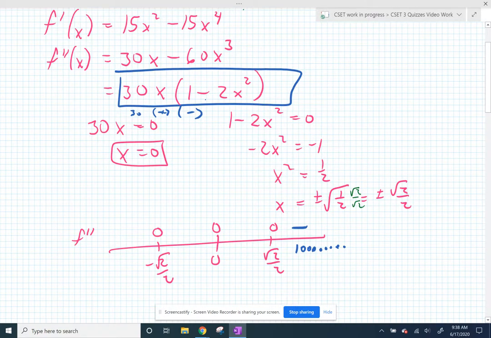And if you're comfortable with sign lines, since each one of these roots was just a single root, no double roots or even power roots going on, I am safe to alternate those down. I remember I spent so much time in calculus, and I would plug in, oh, I need to find a number between 0 and root 2 over 2 and plug that in.